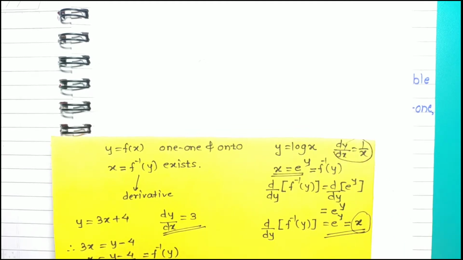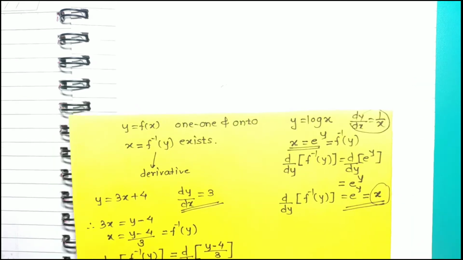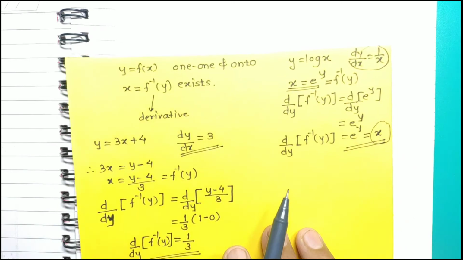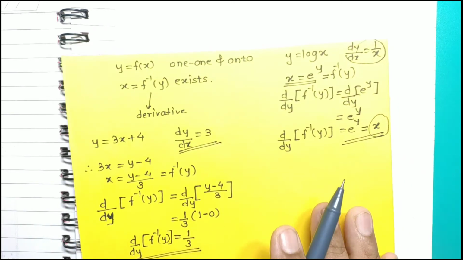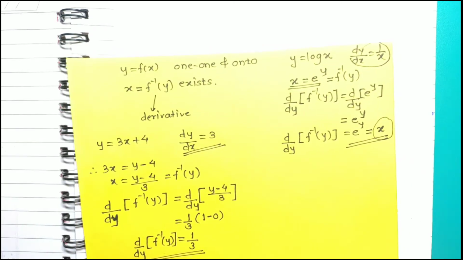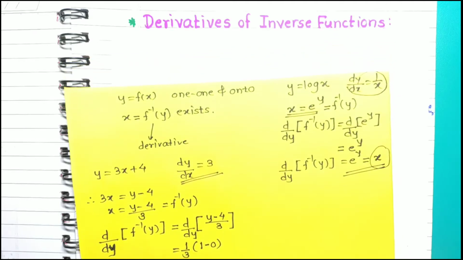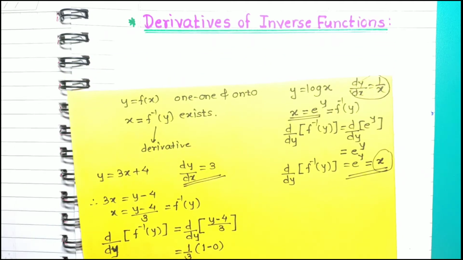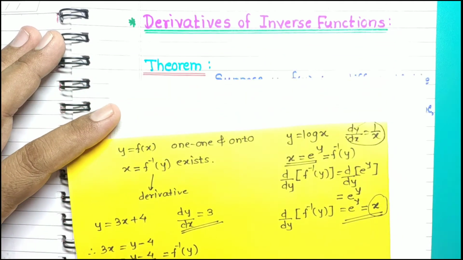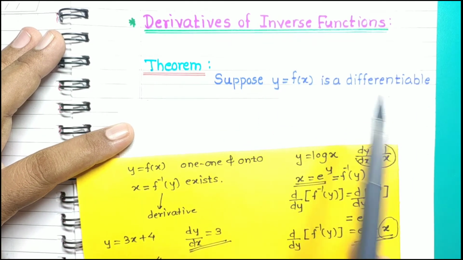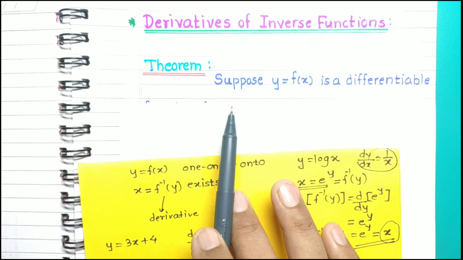Again here we find that the derivative of a function and the derivative of its inverse function are reciprocals of each other. So in these two examples we have verified one very important result related to derivatives of inverse functions. Let it be a theorem.